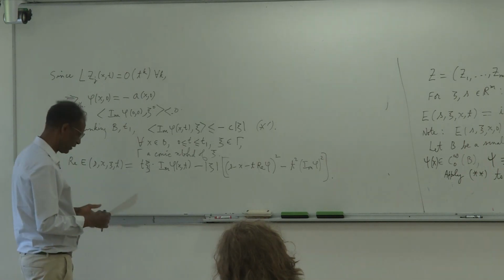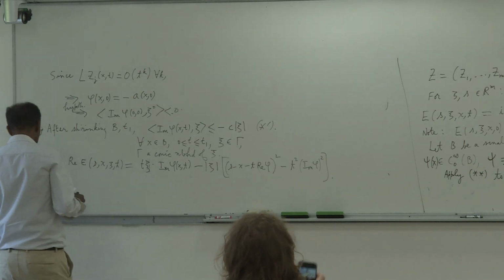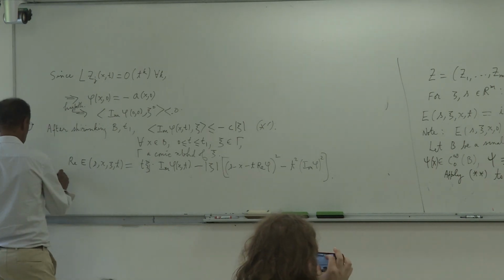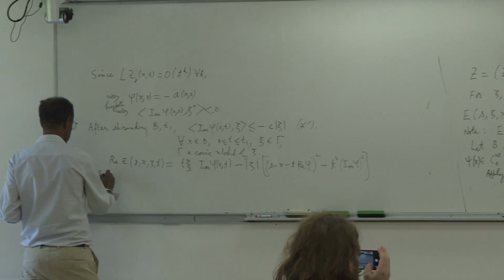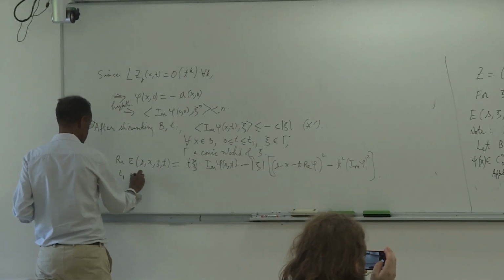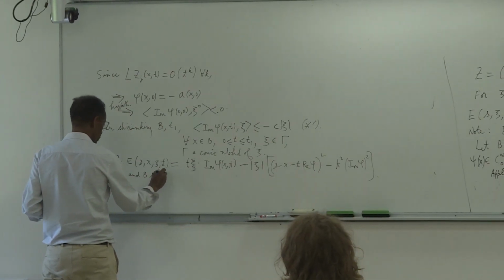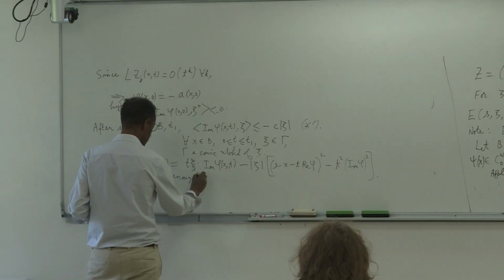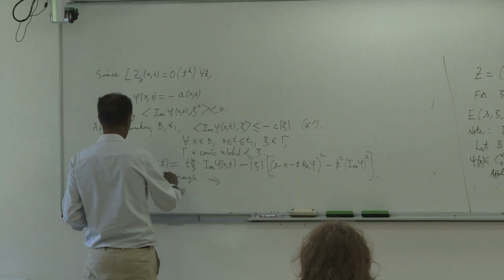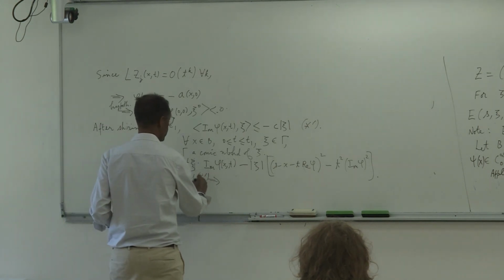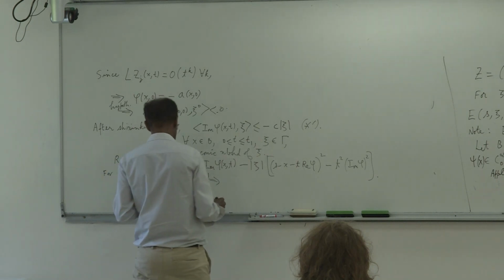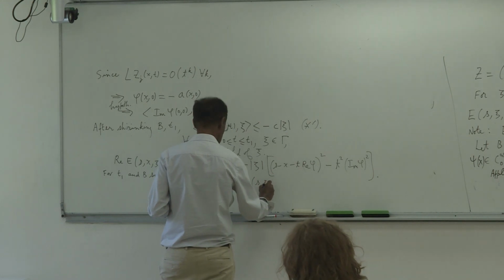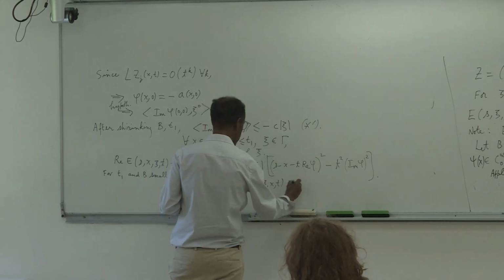So after contracting B, for T1 and B small enough, B always a ball around 0, star prime implies that the real part of E(s, C, x, t) is less than or equal to minus C1 norm of C times t.